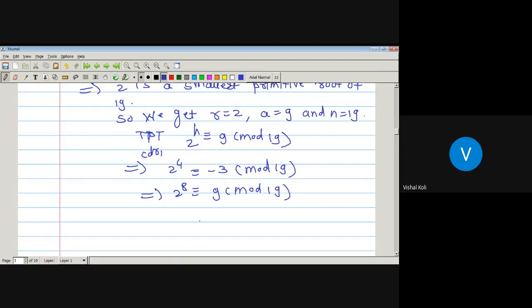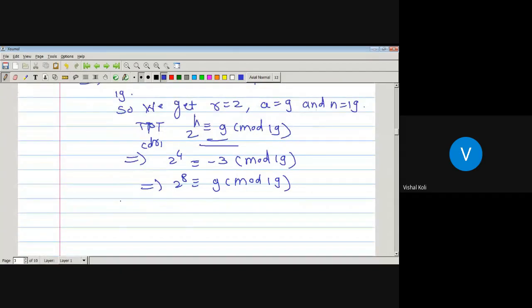So here we get the smallest positive integer h, 8, such that 2 to the power 8 is congruent to 9 modulo 19. Which is the index of 9 relative to the primitive root 2, and that is 8. So in this way we can find out the index of any integer.